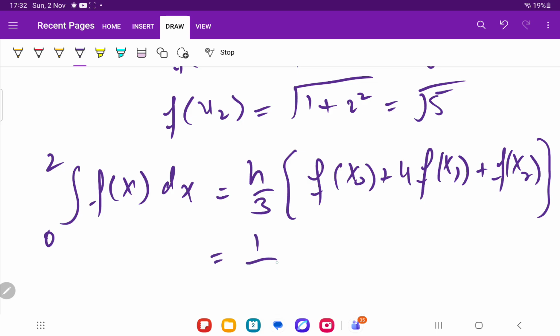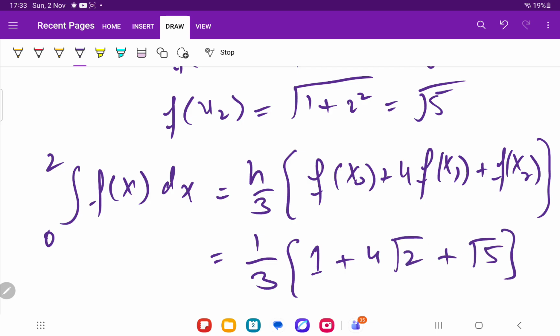So h is 1 by 3, f of x naught is 1, plus 4 multiplied by square root 2, plus square root 5.